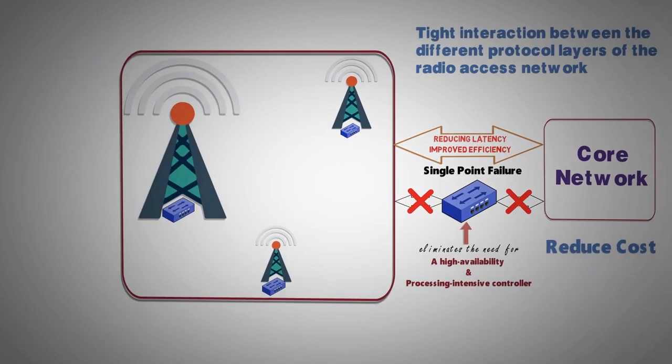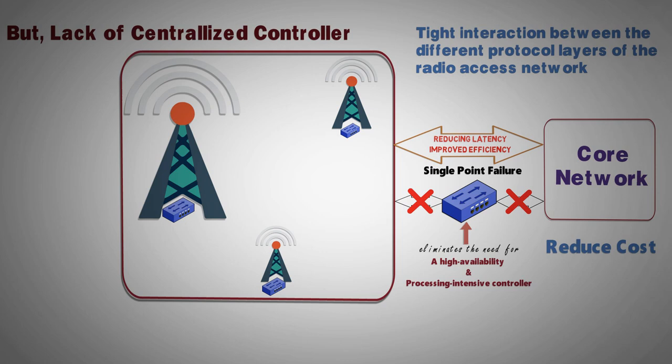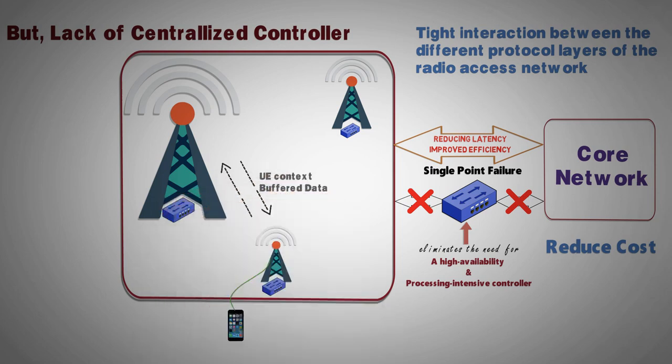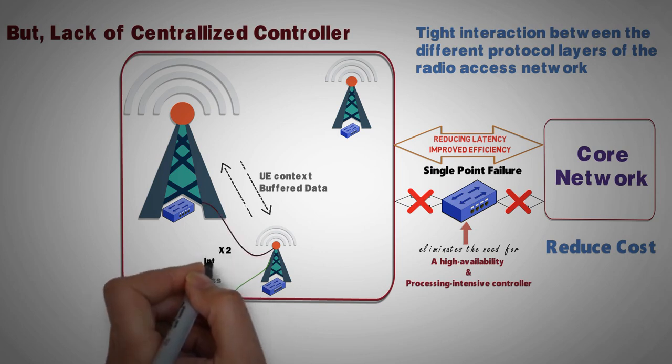One consequence of the lack of a centralized controller node is that as the UE moves, the network must transfer all information related to a UE, that is, the UE context, together with any buffered data from one eNode B to another. So, to avoid data loss during handover, the X2 interface was introduced.